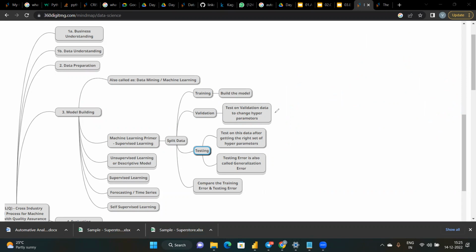So when our train data and test data both are high, guys, which is good, it is called a right fit model.